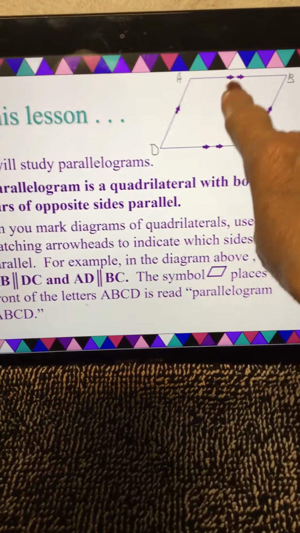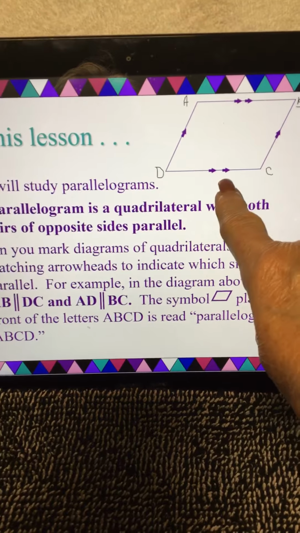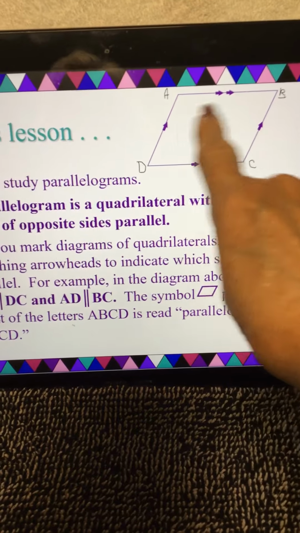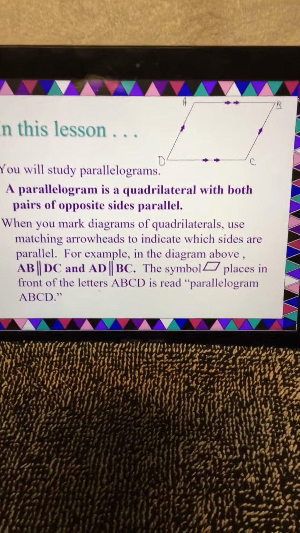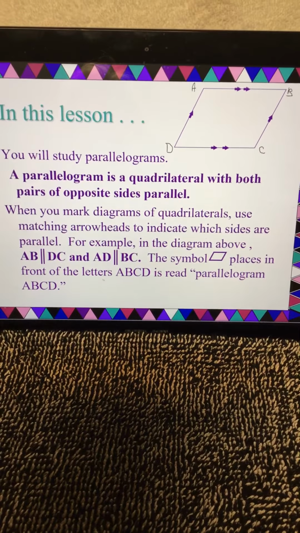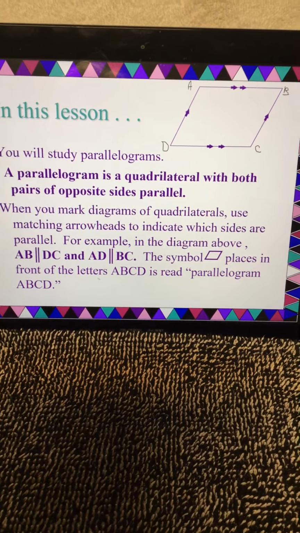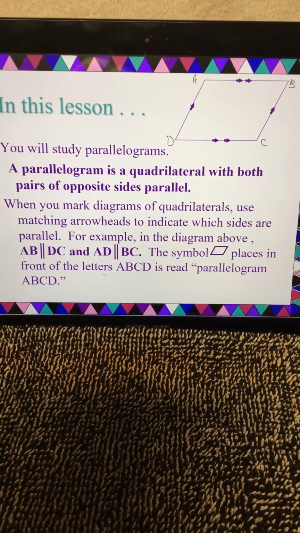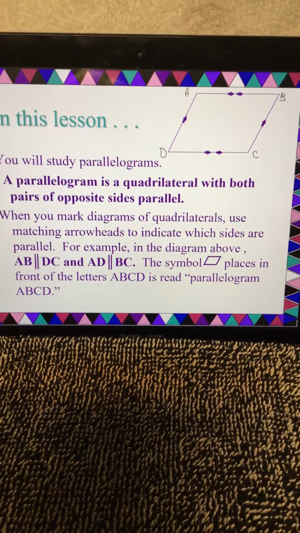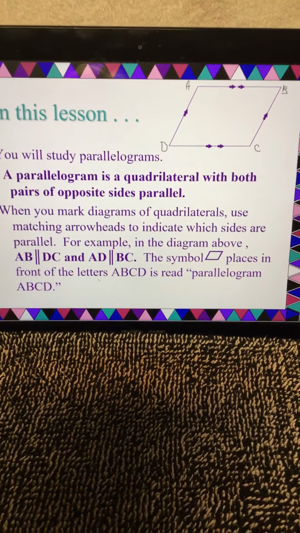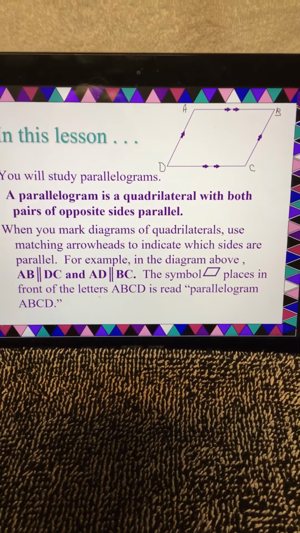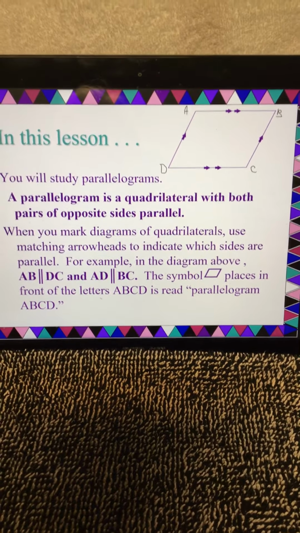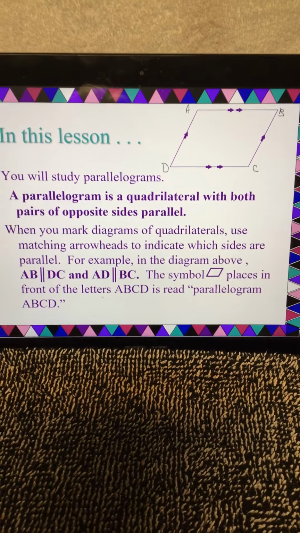So I have double markings here indicating this is the pair, single markings here. And so I have posted here in this lesson, when you mark diagrams of quadrilaterals, use matching arrowheads to indicate which sides are parallel. So when I look at that picture, I'm not confused about which ones are parallel. So in my diagram, AB is parallel to DC, AD is parallel to BC.